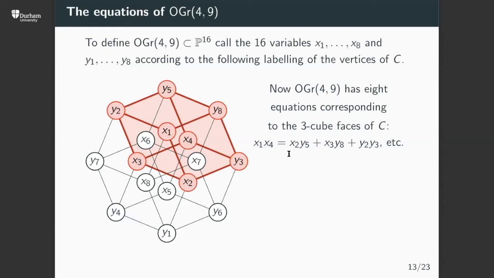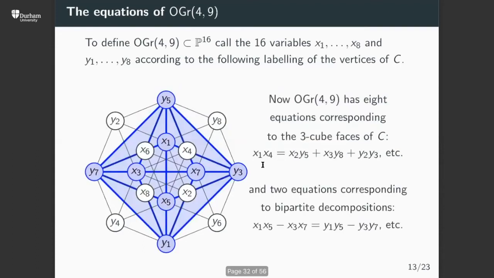And so the 8-fold symmetry now gives you 8 more equations, just exactly the same as this. So this equation is periodic mod 8 if I rotate the coordinates, if I spin the cube around. And so there are 8 equations like that.